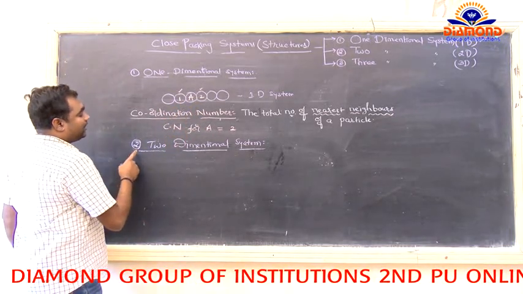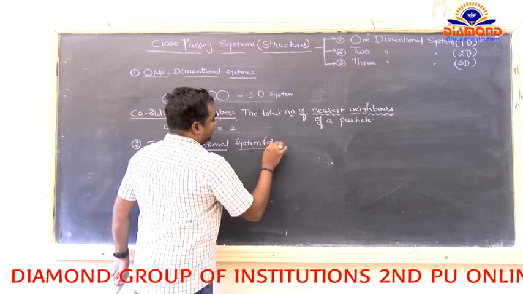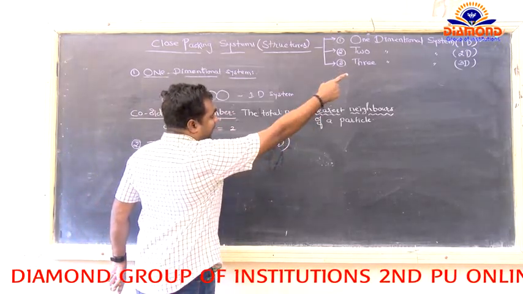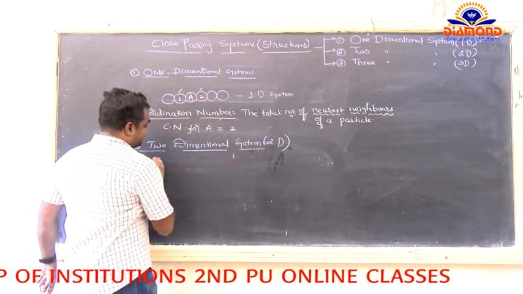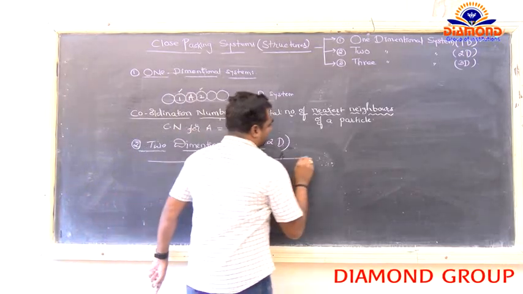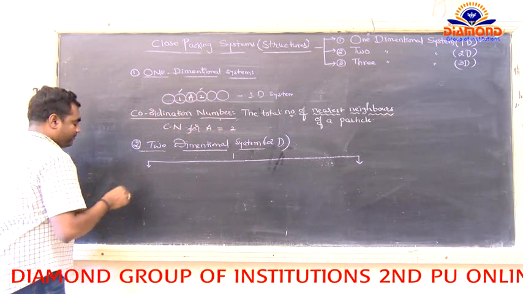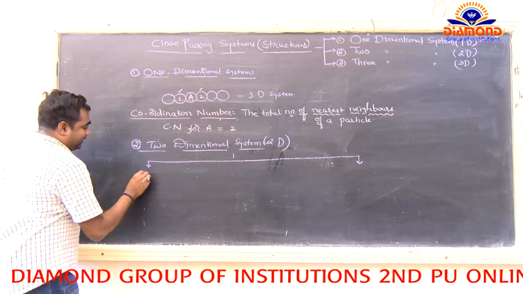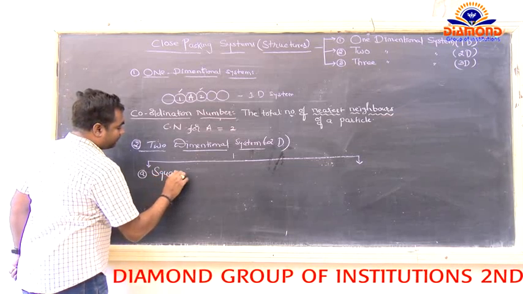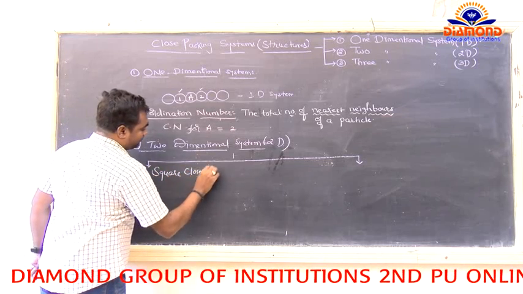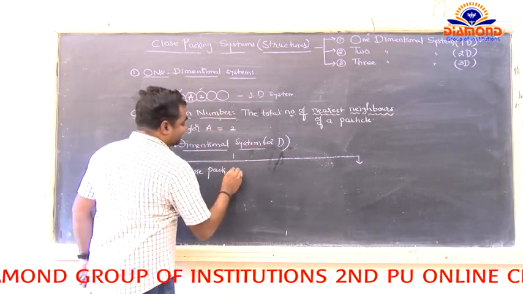Now come to the second one, the two-dimensional system, simply called 2D. The two-dimensional system is classified into two types. The first one is the sphere closed packed system.